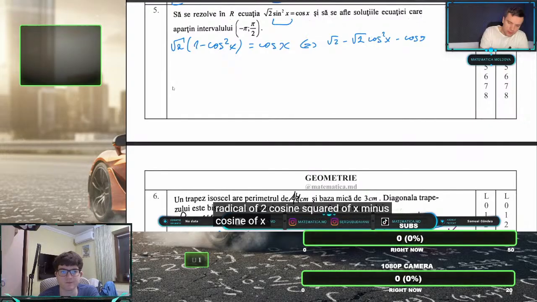So just put 1 minus something, given cos x, and then square root of 2 minus square root of 2 cos 2x, because we multiply everything. We're gonna get something like this.